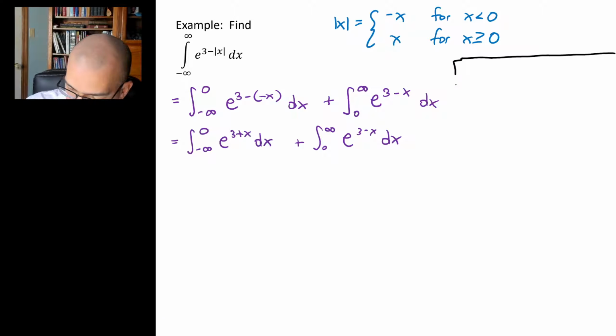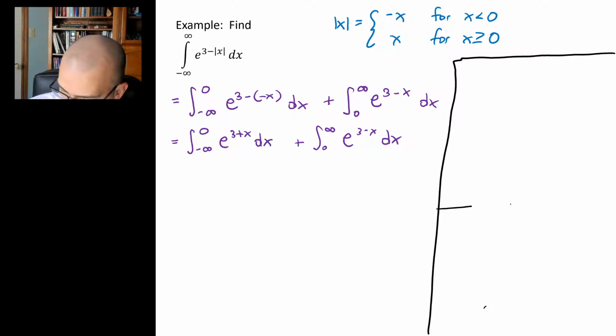Now this is going to be interesting here. We're going to do two different antiderivatives.